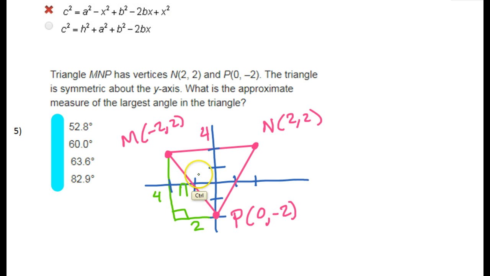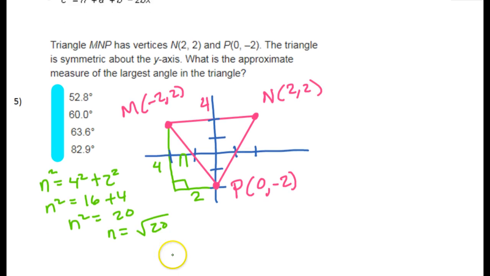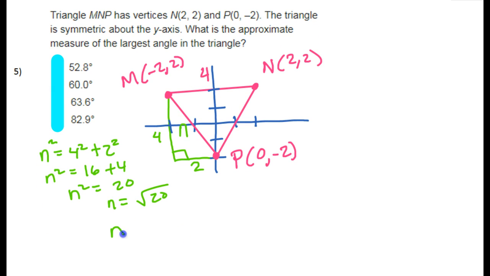So I could do the Pythagorean theorem and find n. n squared is equal to 4 squared plus 2 squared, so n squared is equal to 16 plus 4, which is 20. n is equal to the square root of 20. 20 is 4 times 5, so n is 2 radical 5.